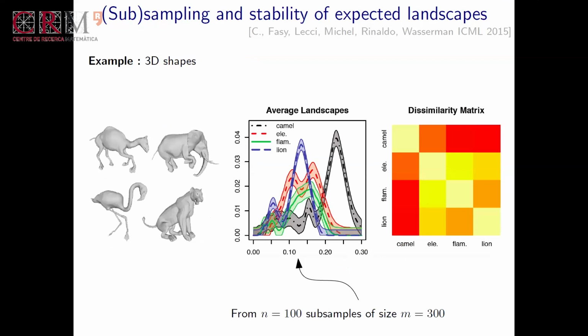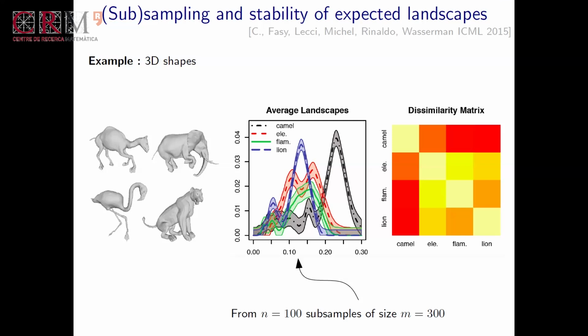Another example where sampling was done in different spaces, so we change the measure by sampling. The spaces were surfaces here, animals. We sample randomly M points on an elephant, a camel, a pink flamingo, and a tiger, lion, or I don't know what. What you see here are the expected landscapes in dimension 1.